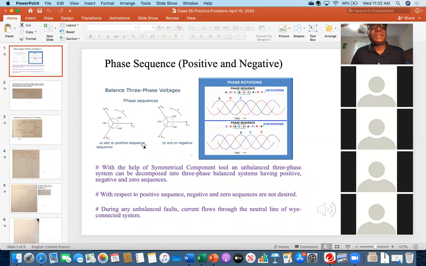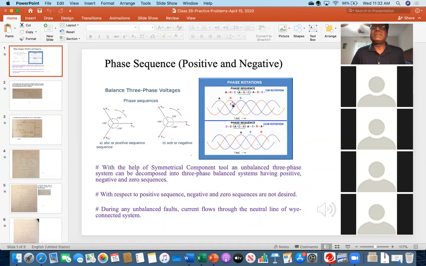I mean, in ABC, B phase comes after A phase, but in the ACB sequence, C phase comes after A phase. This means VCN is lagging VAN by minus 120 degrees. And then another 120 degrees, that is B phase, VBN, or in anti-clockwise, B phase has plus 120. So as you can see, these two sequences are opposite. It is like ABC and here it is ACB.